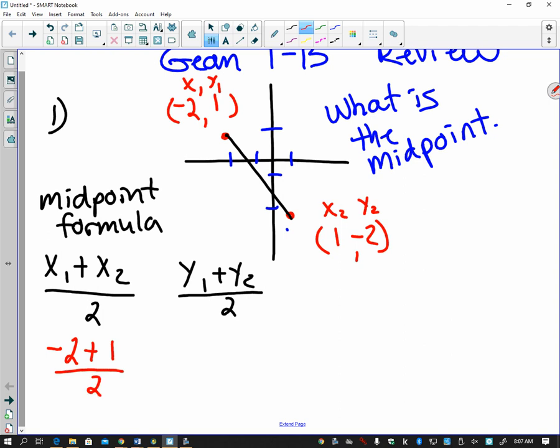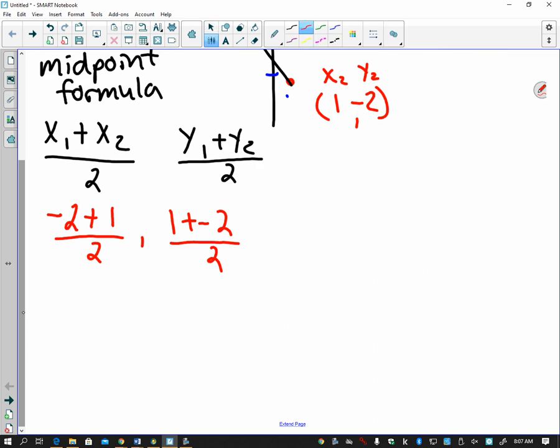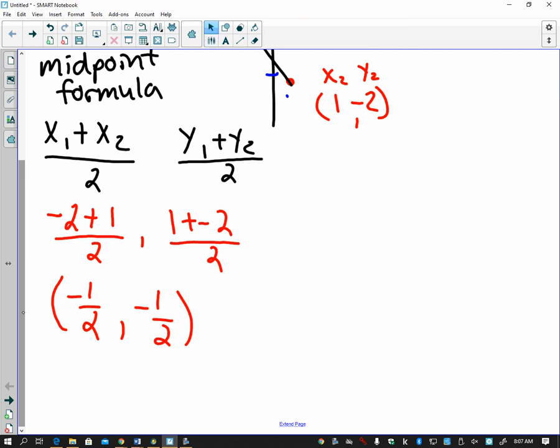Divided by 2, and then over here, y1 is 1 plus, divided by 2. Okay, -2 plus 1? -1 divided by 2, okay? And then we have 1 plus -2, -1 divided by 2. So the midpoint is -1/2 and -1/2.